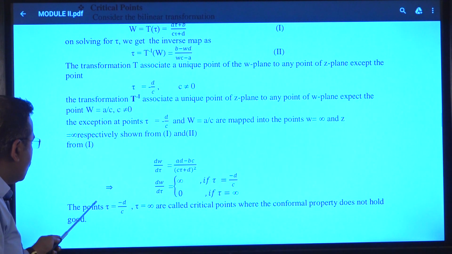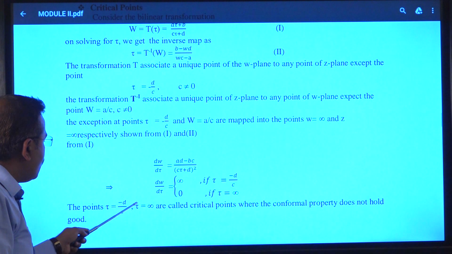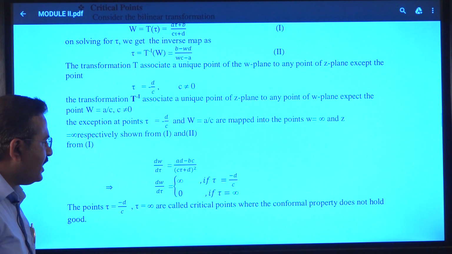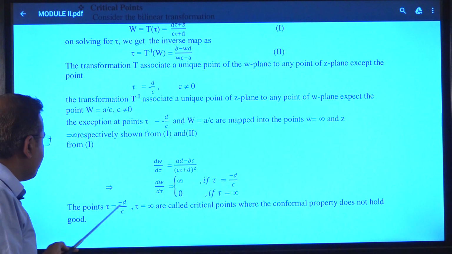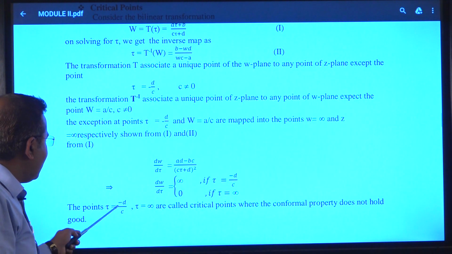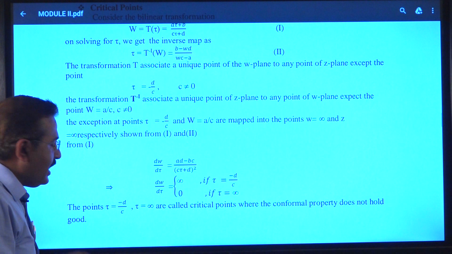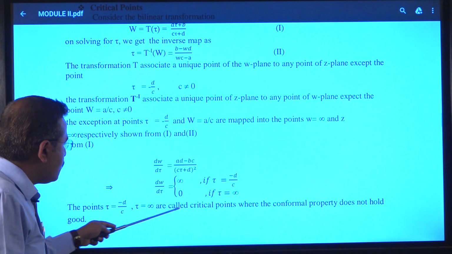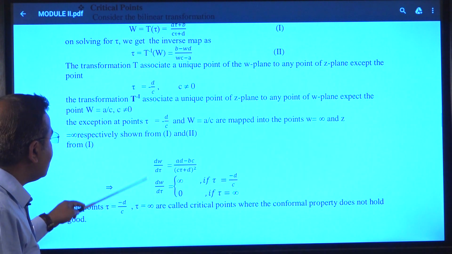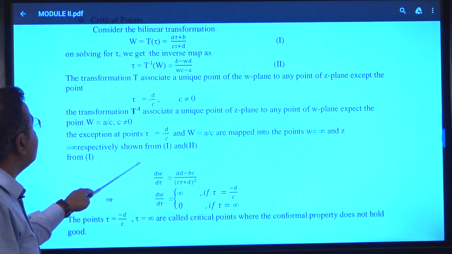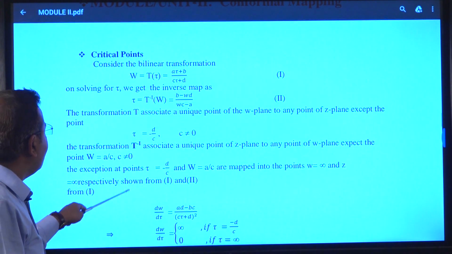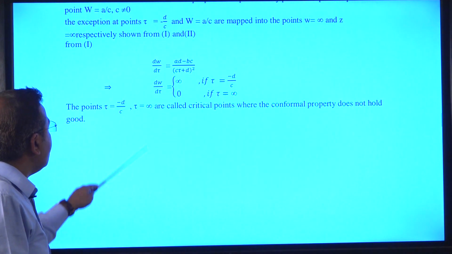So the points tau equal to minus D by C and tau equal to infinity are called the critical points of the conformal property, where it does not hold good. So tau equal to minus D by C and tau equal to infinity are called the critical points of the bilinear transformation. Friends, this is all about the critical points.